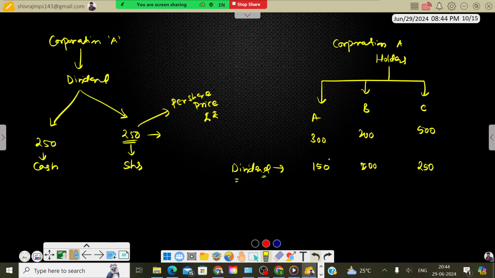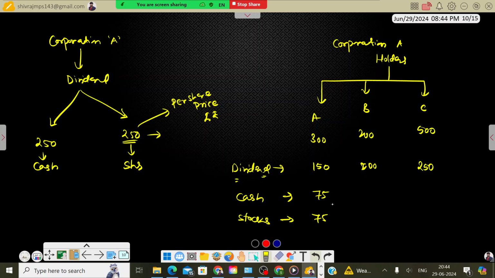So let's say as per this calculation, cash and stocks. This person can ask for, let's say, a dividend of 75 rupees, something, am I right? And 75 shares, because the dividend per share price is 1 rupee per share, so 75 shares that we can expect.